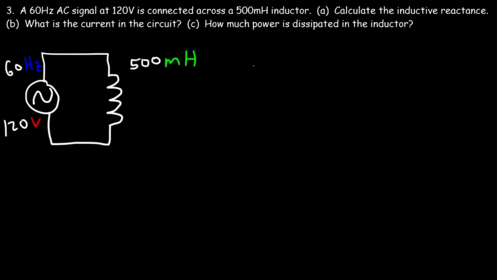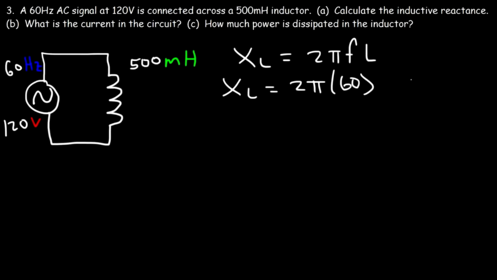So to find the inductive reactance, let's use this equation. It's 2 pi times F times L. So the frequency is 60, and L, 500 millihenries, that's the same as 0.5 henries if you divide it by 1,000. So 60 times 0.5 is 30, times 2 pi. That's 60 pi, which is 188.5 ohms. So that's the inductive reactance.